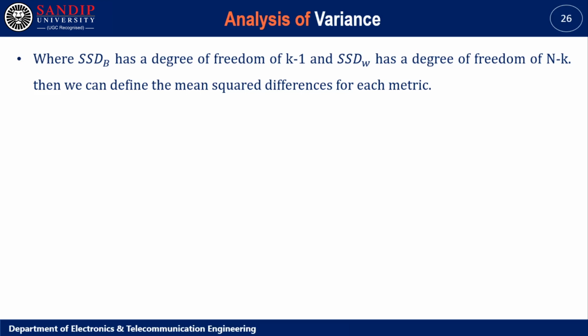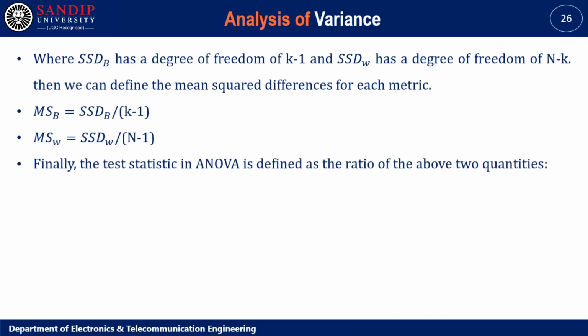where SSD_B has a degree of freedom of k minus 1 and SSD_W has a degree of freedom of n minus k. Then we can define the mean square difference for each metric. MS_B is equal to SSD_B divided by k minus 1. MS_W is equal to SSD_W divided by n minus k. Finally, the test statistic in ANOVA is defined as the ratio of the above two quantities.